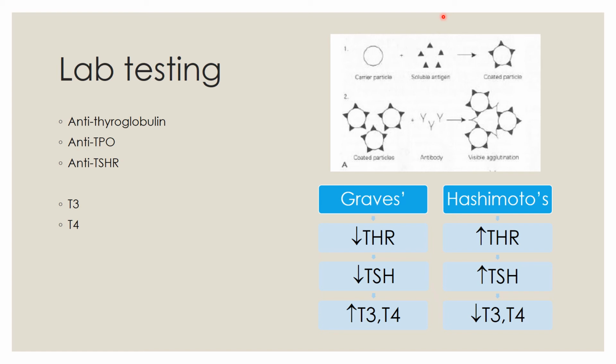The antithyroid peroxidase, or anti-TPO: normally the thyroid peroxidase is there to catalyze tyrosine iodinization, to add the iodine. The anti-peroxidase correlates with disease activity. The higher your anti-TPO level is, the more active your disease is.